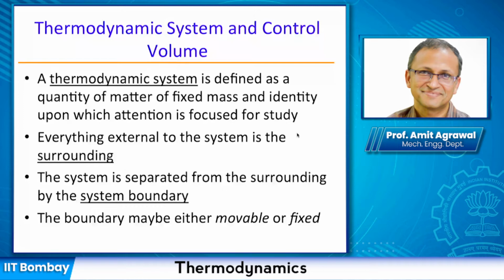So accordingly, the system boundary, which is the balloon itself, is separating the air which is inside the balloon from the air which is outside it. Those are my system and my surrounding, and my boundary is the balloon itself. The balloon can be either movable or fixed, and in this case, it is movable.